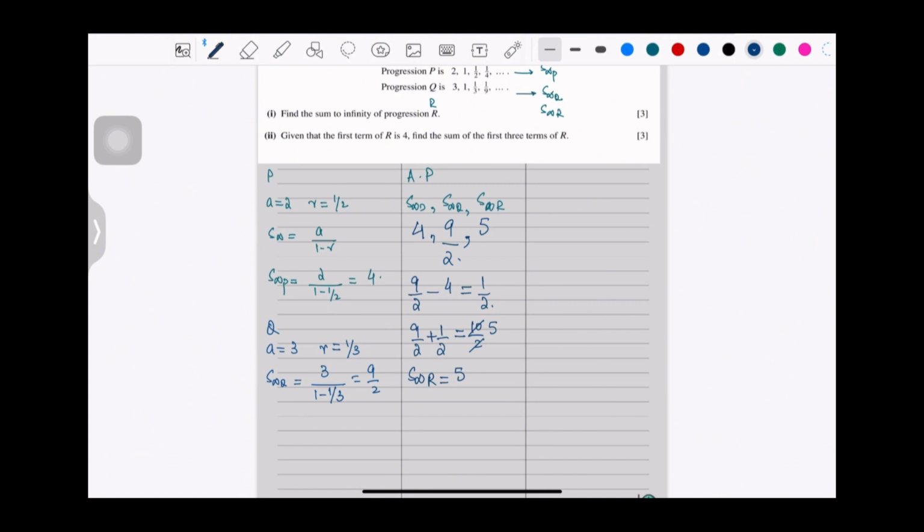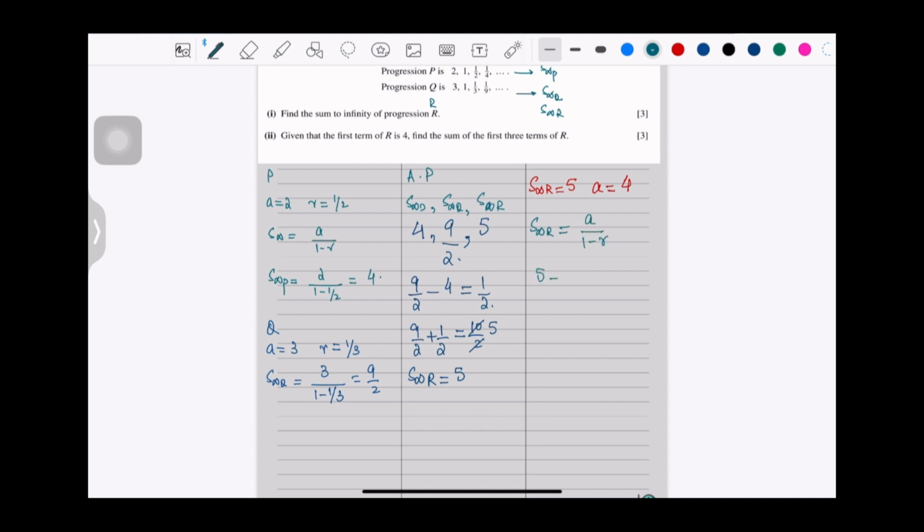Now given that the first term is 4, let's write down the data that we have gathered so far. S infinity is 5. The first term is 4, and we know that S infinity is a over 1 minus r.